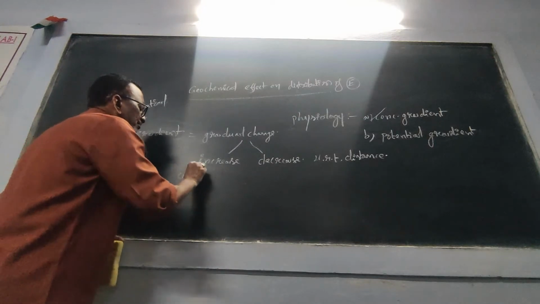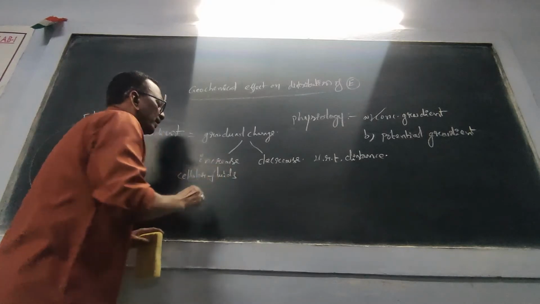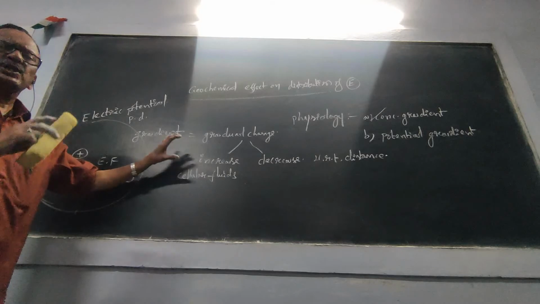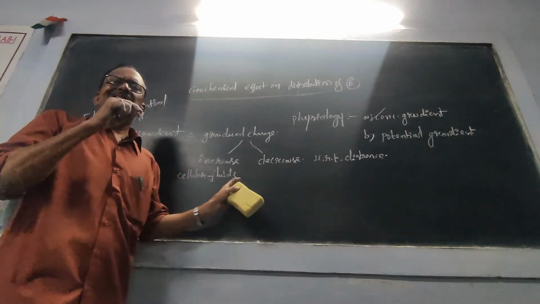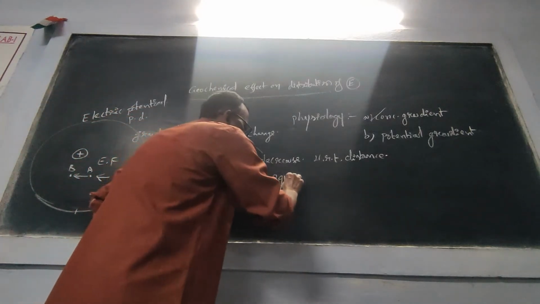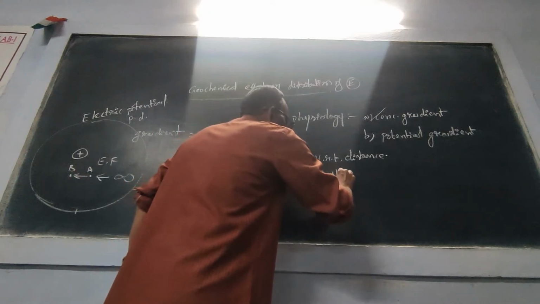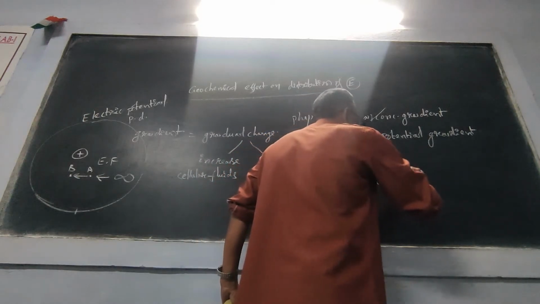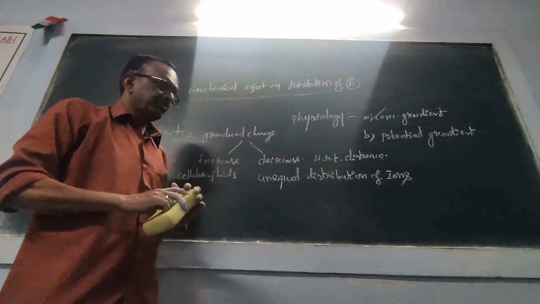Now in the case of cellular fluids, there are two types, extracellular and intracellular. In the cellular fluids, generally a concentration gradient exists. Why? Because of unequal distribution of ions, which is responsible for that concentration gradient.